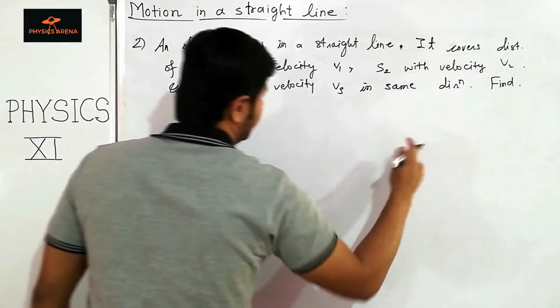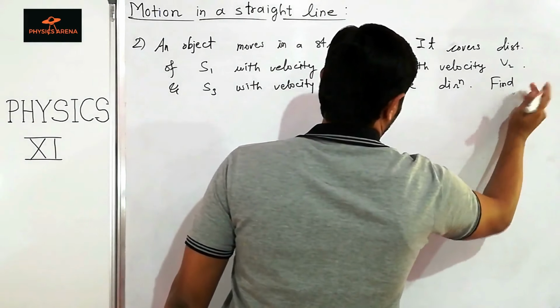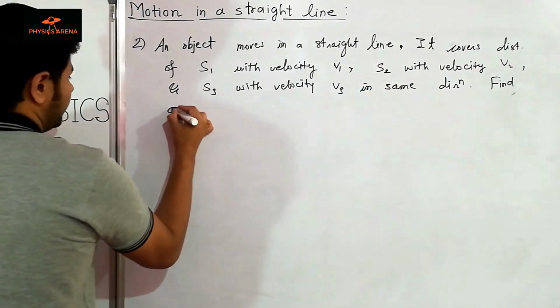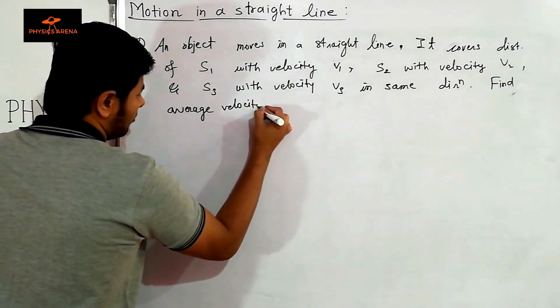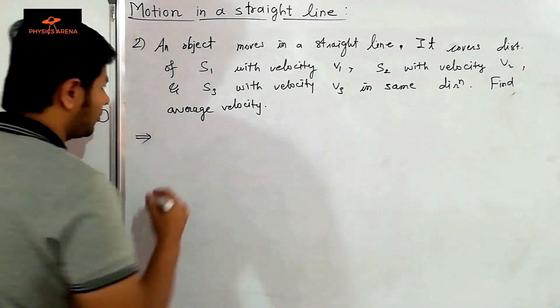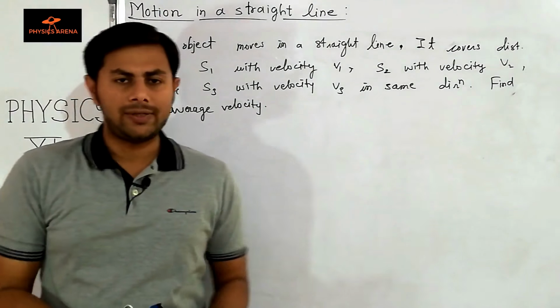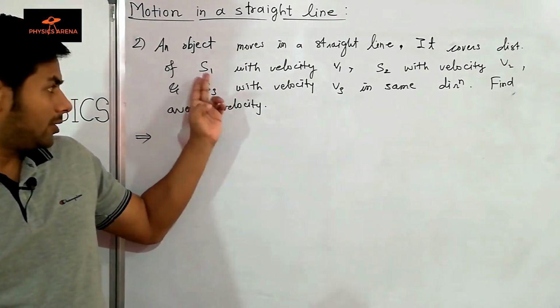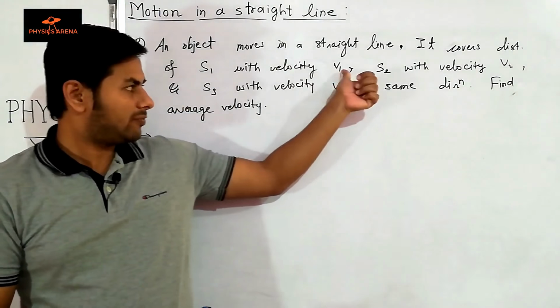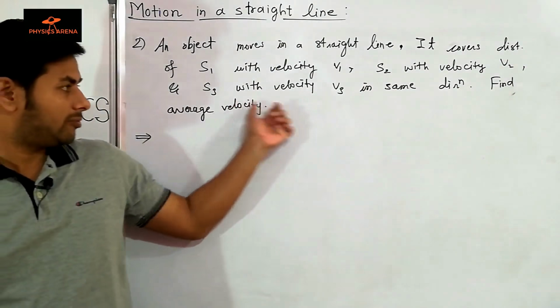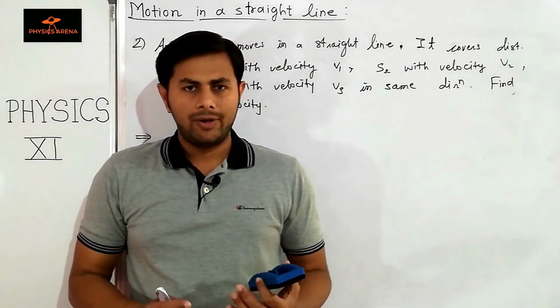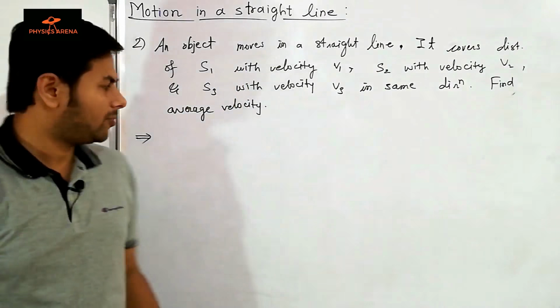Find average velocity. Okay, so here is an object which is moving distance s1 with velocity v1, s2 with velocity v2, and s3 with velocity v3, and we have to find average velocity of object.